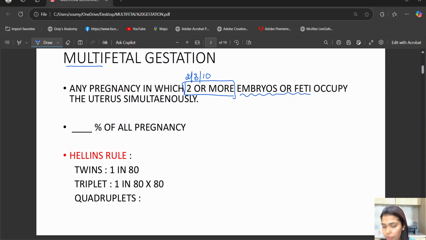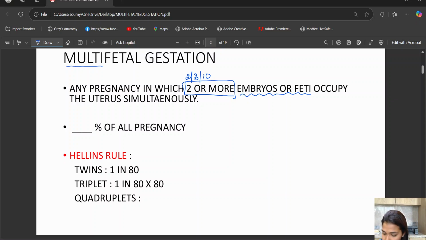Embryo or feti. Which essentially means that at its very level of conception, if at that point there were two zygotes to begin with, and then maybe one zygote did not survive, but if it has been documented once that at its very conception there were two embryos or two feti, then this will get categorized as a multifetal gestation.